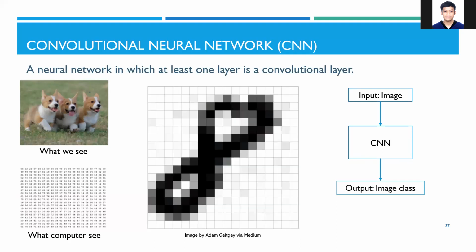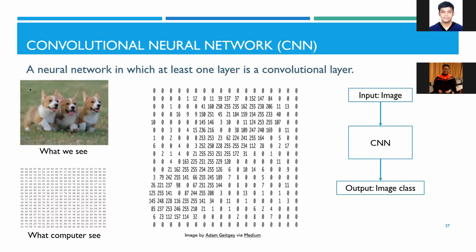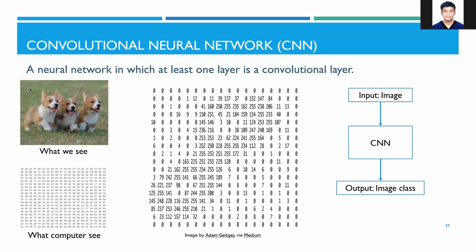For example, we give a picture into the computer and ask it to identify, let's say we have a dog and a cat, whether it is a dog or a cat. So it is also classification, right? We give one picture to the CNN, and then it will give us the prediction if this picture is a dog or a cat.